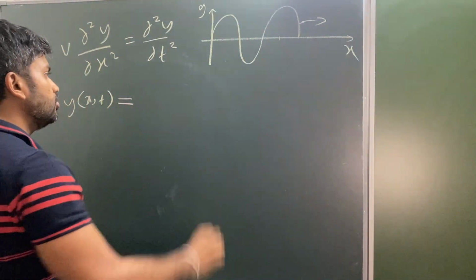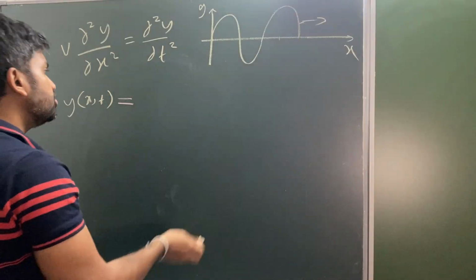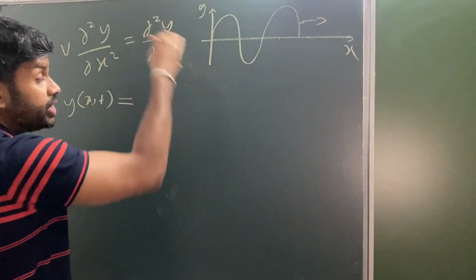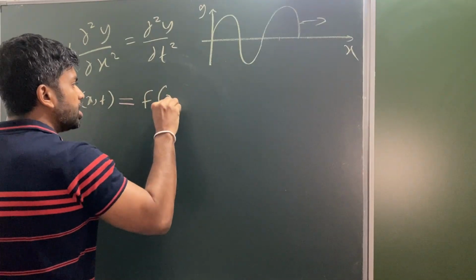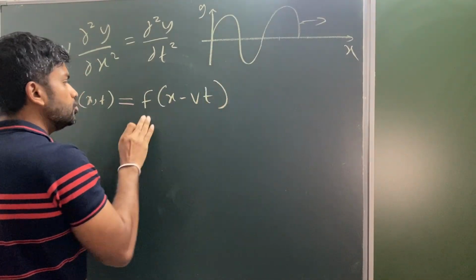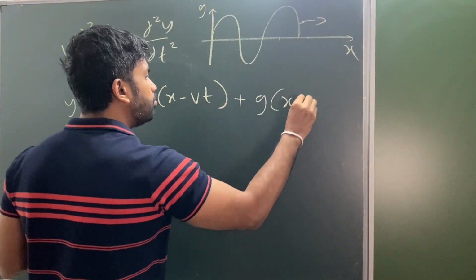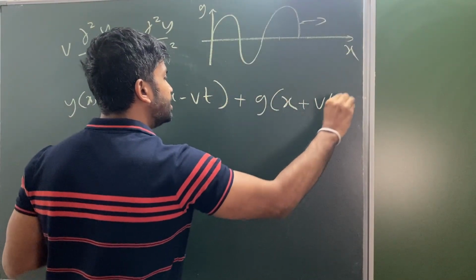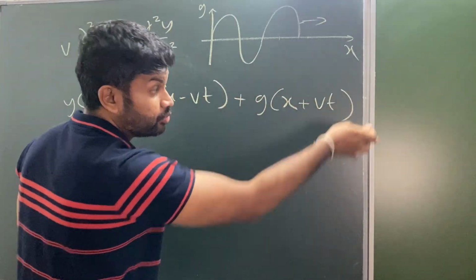In my second video, I found a proper solution which satisfies this wave equation. That solution is f(x minus vt) plus g(x plus vt). This f could be any function, and even g can be any function of x plus vt.